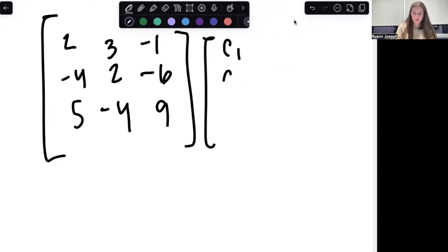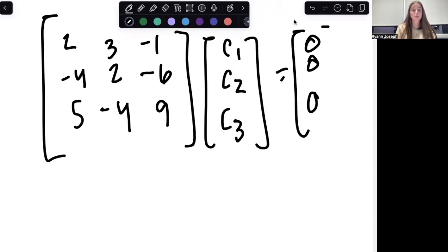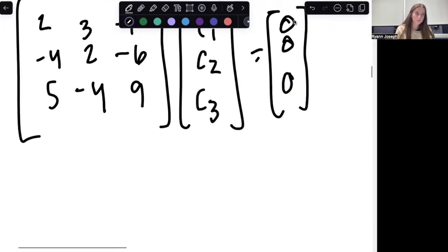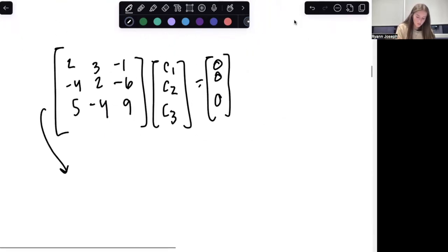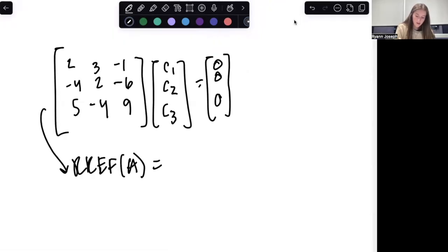And I go C1, C2, C3. We want to see, is there some solution, C1, C2, C3, not the trivial solution, that makes this true? I can do the reduced row echelon form, and then I get 1, 0, 1, 0, 1, -1, 0, 0, 0.